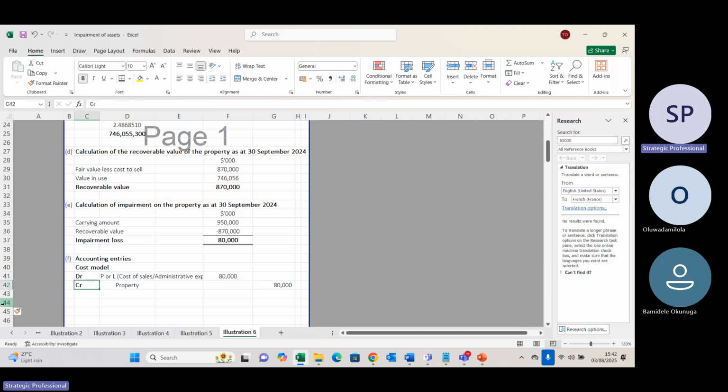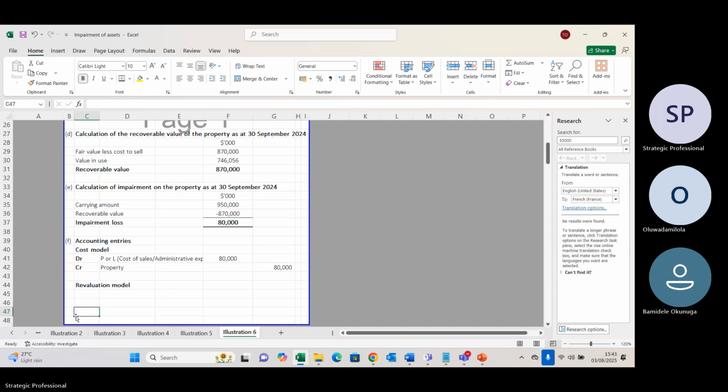Now, because the question already says it's the revaluation model, if you use the accounting entry you use under the cost model, then you're not entirely correct. What the standard says is that when there is impairment loss for a revalued asset, the value of that impairment loss must hit that revaluation surplus account up to the extent of the impairment loss.